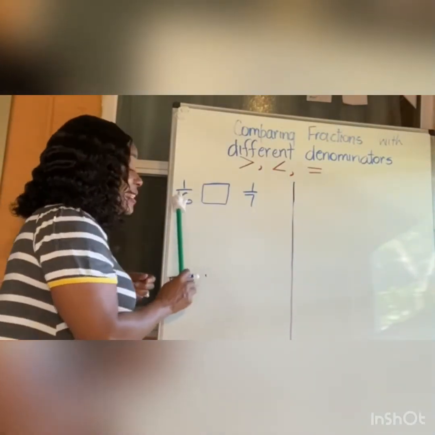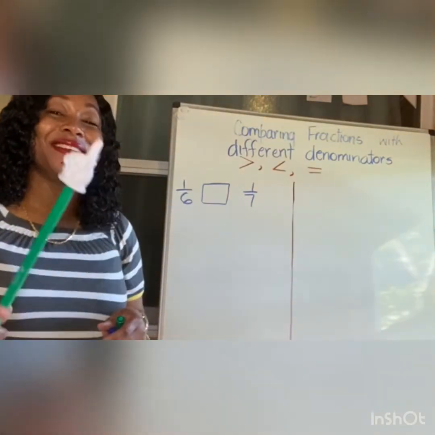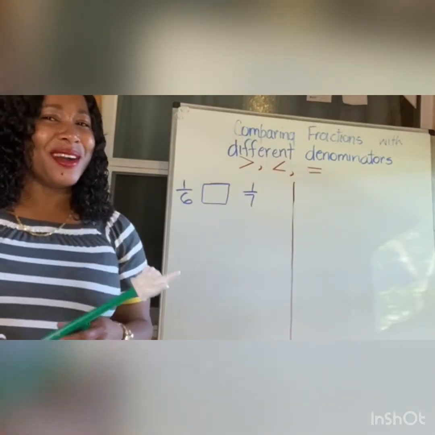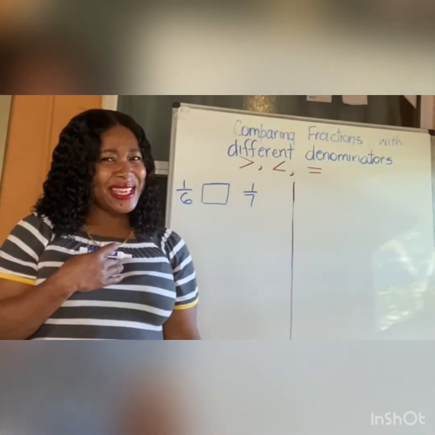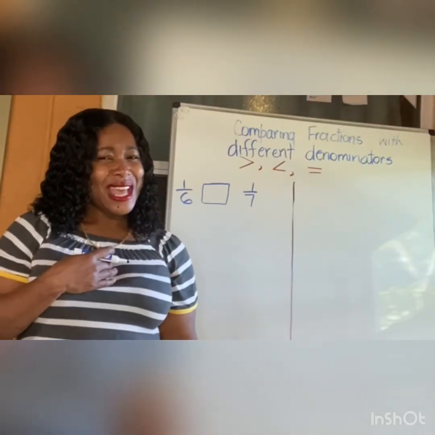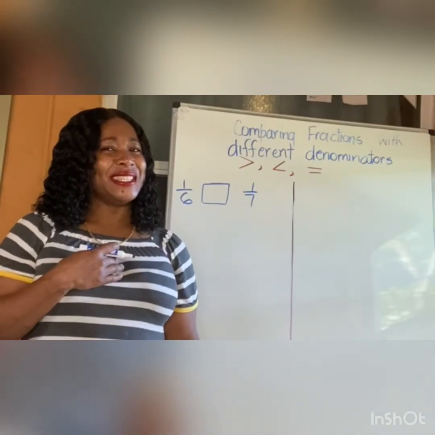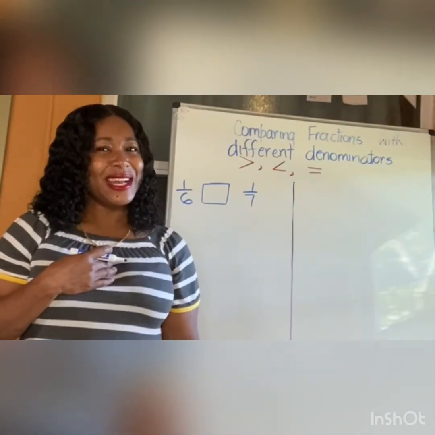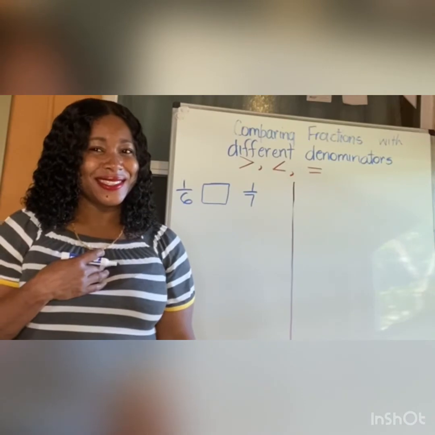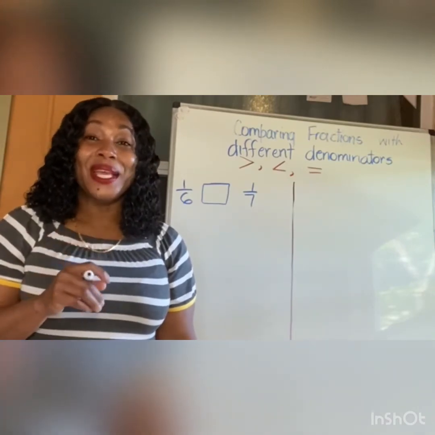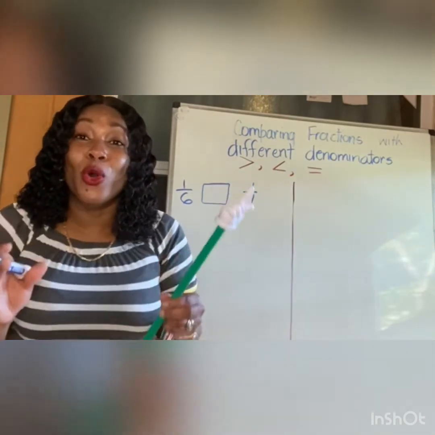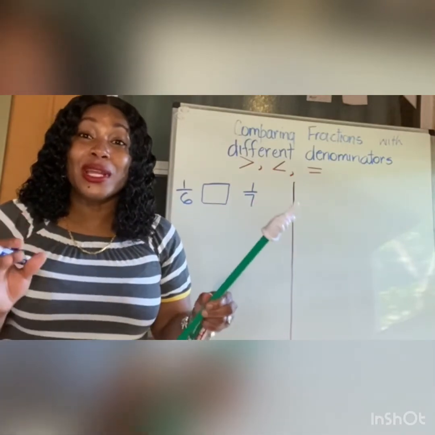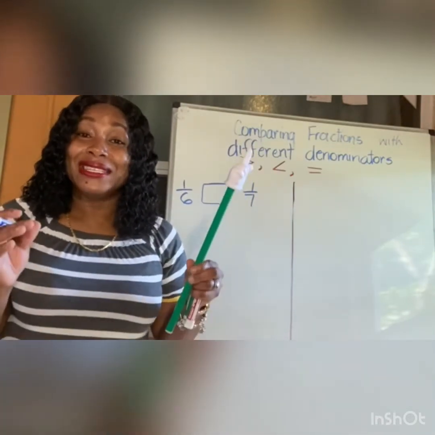This is 6, it means that your cake is divided into 6 equal parts. So if my cake is divided into 6 parts and your cake is divided into 7 parts, whose cake has the smaller slices? It's yours, because yours is cut into more parts. So your cake would have smaller slices.